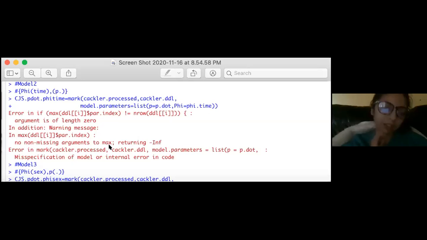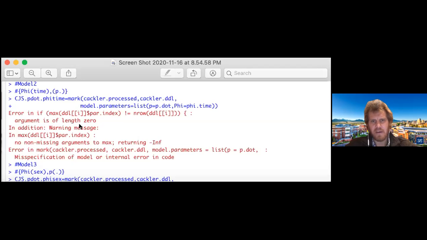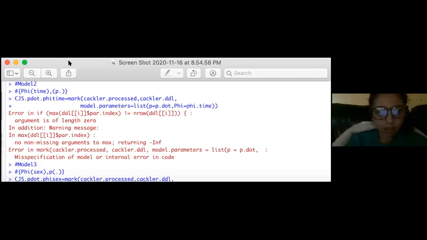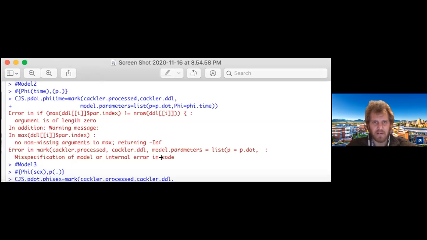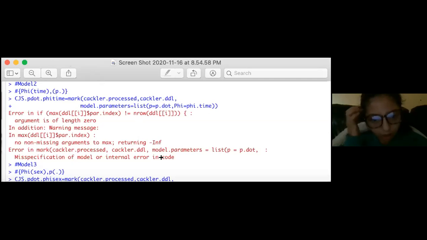I don't know if it was just my R bugging out, because I would get this message on some and then not others. Well, it's probably all the ones that you had phi.time in there, because remember phi.time, you didn't have that tilde in there. Oh, okay. So whenever you have phi.time in there, it probably wouldn't work because you didn't have that tilde in there. Okay. Yeah, is that what this error was in MARK, the calculator process?